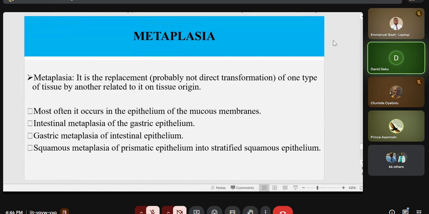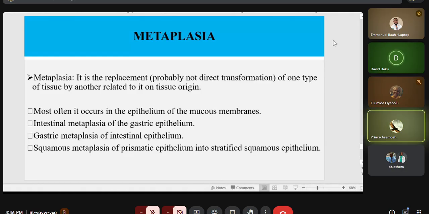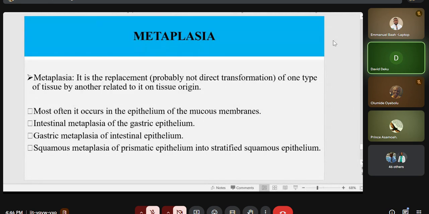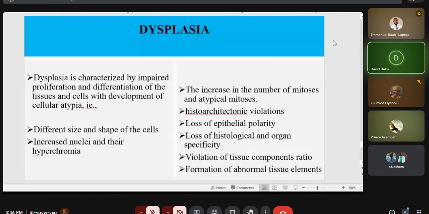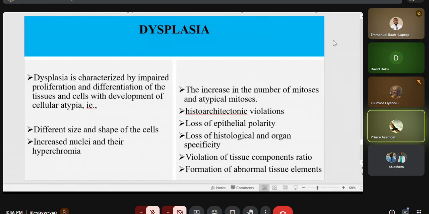So can we say acid reflux is dysplasia? Acid reflux, yes, esophageal reflux.